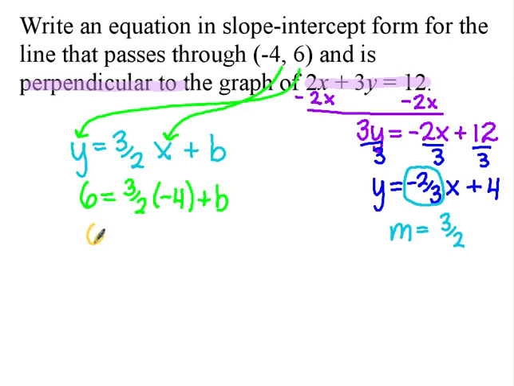So 6 equals, what is 3/2 times negative 4? 12/2, which is actually, okay, negative 6. So how do I solve that for b? Add 6. Nice job.